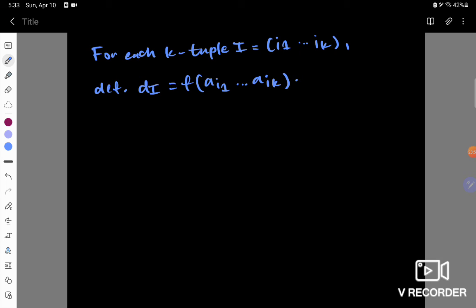So each of these d sub I's are going to be defined in this manner.